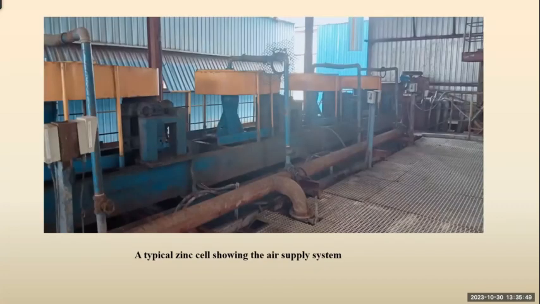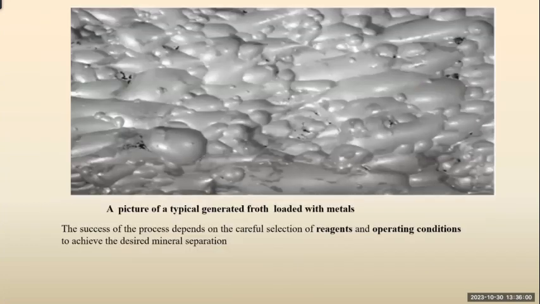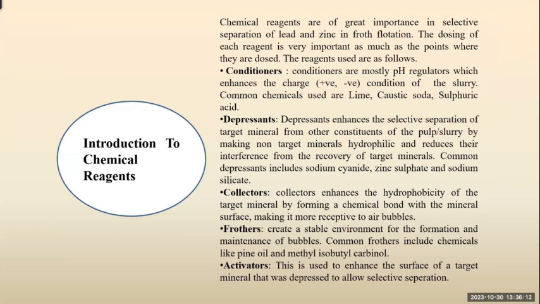The reagents that are required in flotation: you have what they call the conditioners, you have the floaters, you have the collectors, and also you have the activators. Now, if I can go and highlight them, the conditioners, some people call them conditioners, some people call them modifiers.